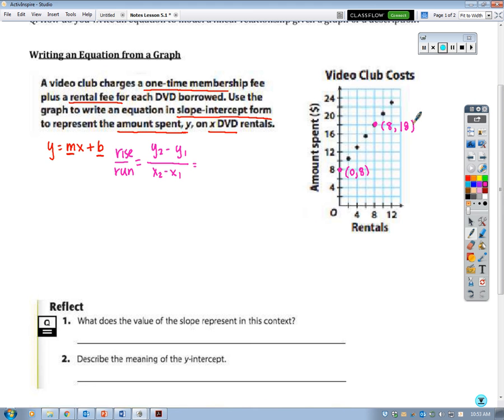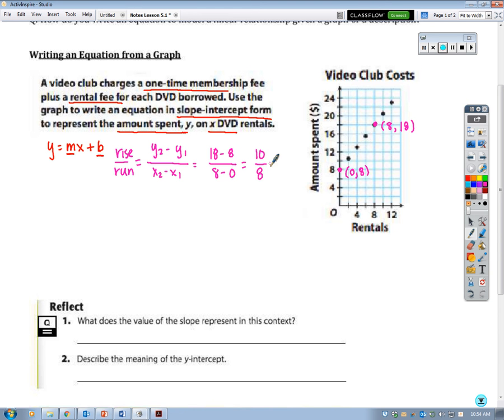So I've got my y2 here, which is 18, minus my y1, which is 8, over my x2, 8, minus my x1, which is 0. So 18 minus 8 is 10. 8 minus 0 is 8. Okay, so I've got 10 over 8, and that's my slope.